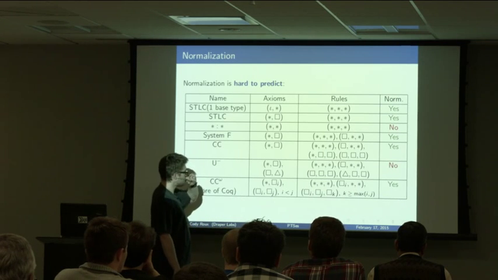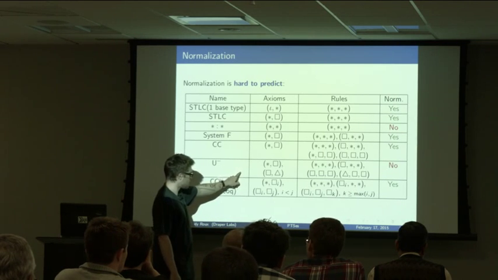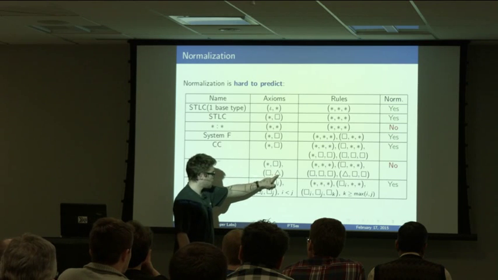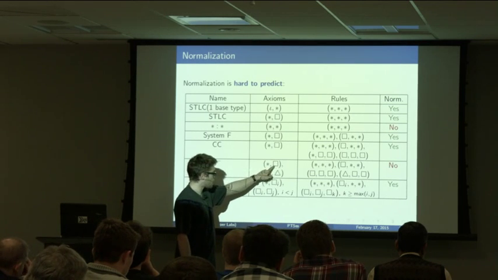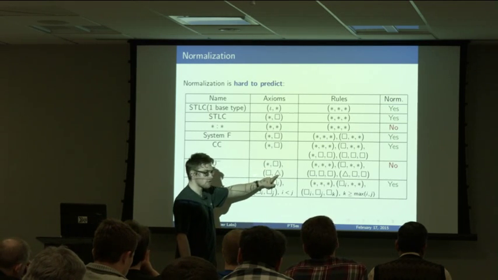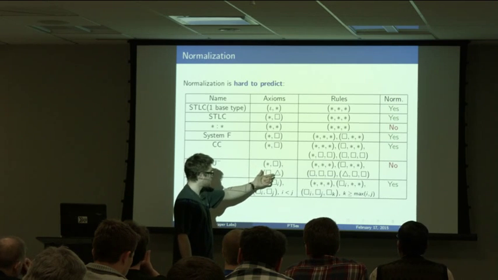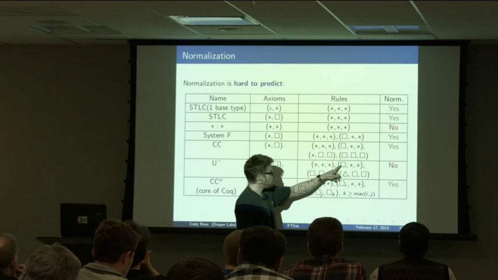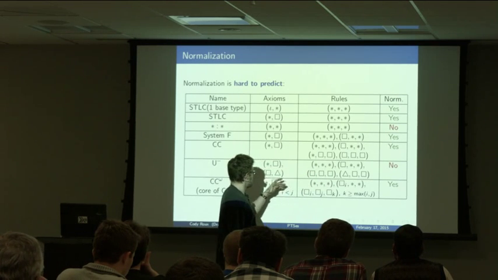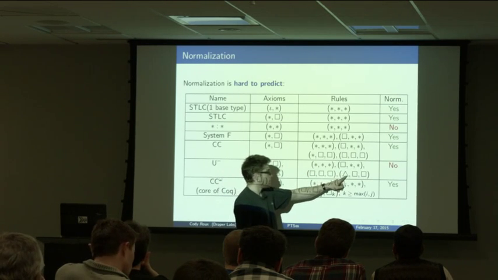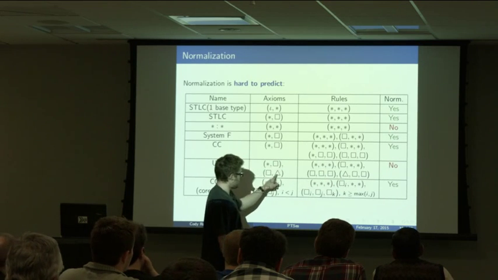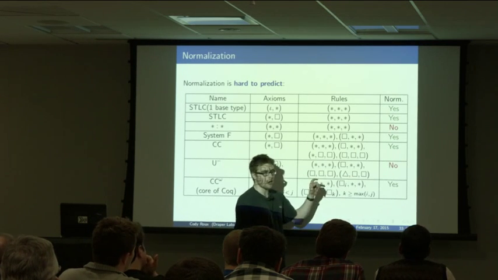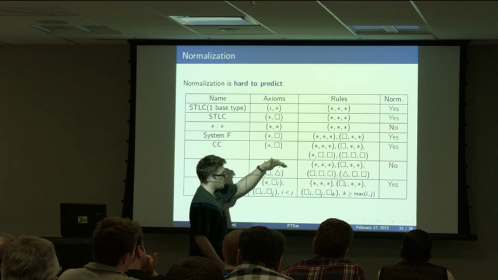And U minus is even more perplexing because there's no circularity, right? Star is of type box, box is of type triangle, but triangle isn't of type box or star, so you don't get a circularity here. You do get a circularity here, where box is of type star and then box is of type triangle and then triangle is of type box. So here you go up and here you go back down.